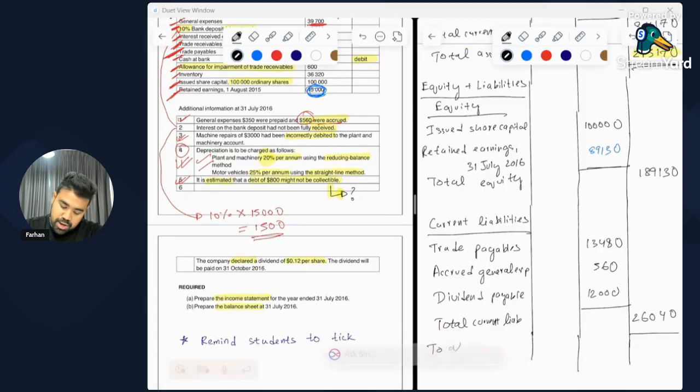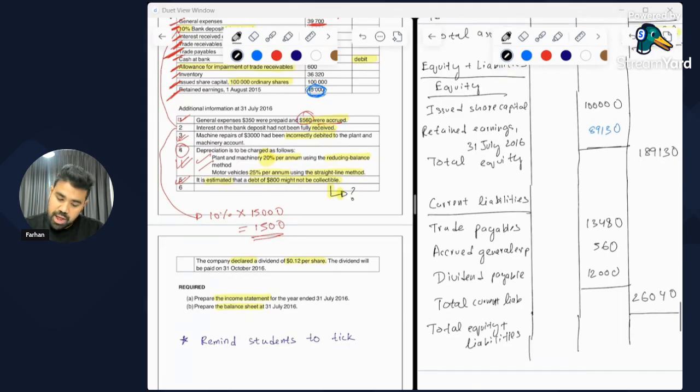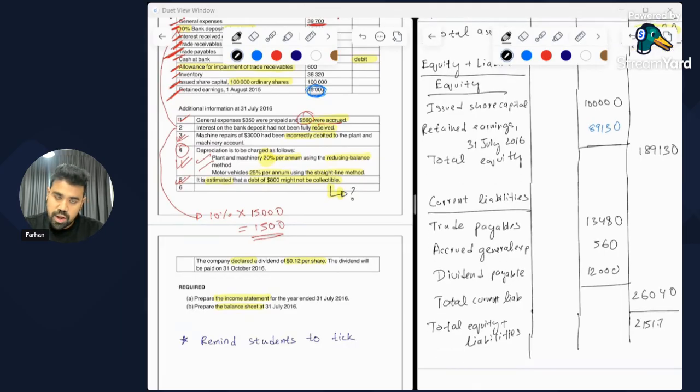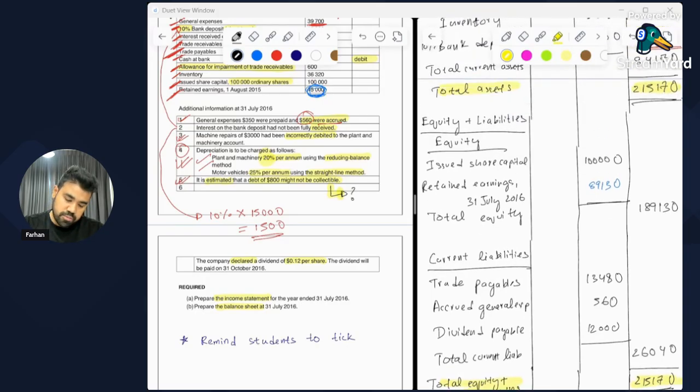Total equity and liabilities. So I've been writing plus instead of and because of the lack of space. All right, so 189,130 plus 26,040, which is 215,170, and that is a direct match with the total for assets that we have got.